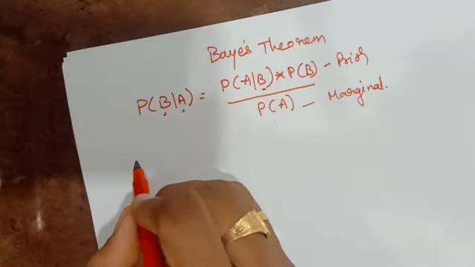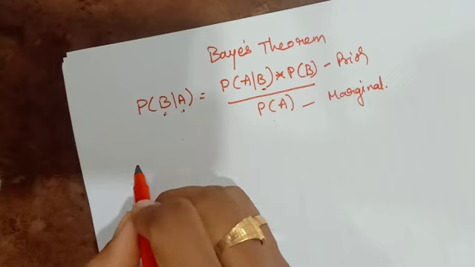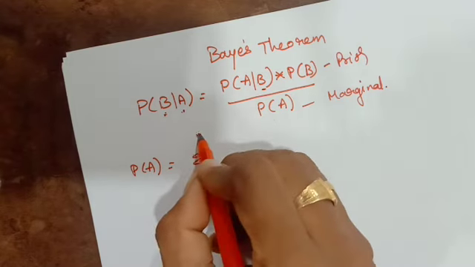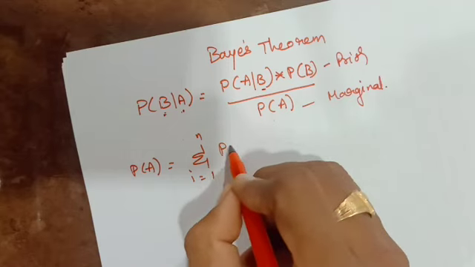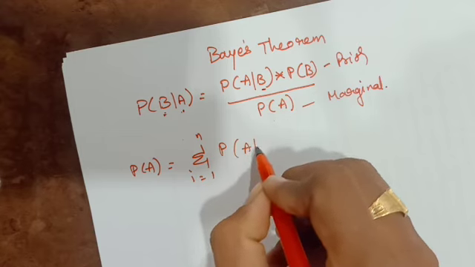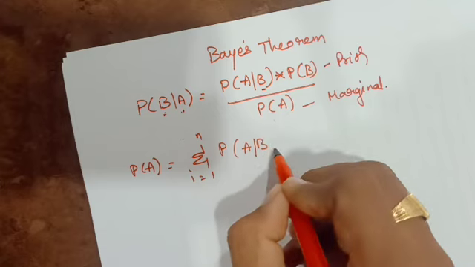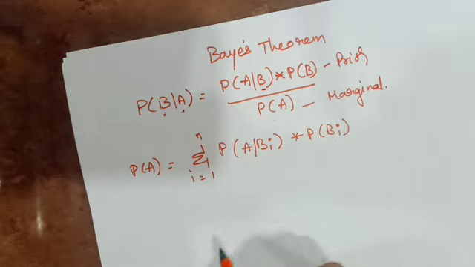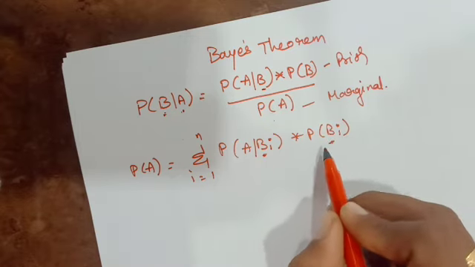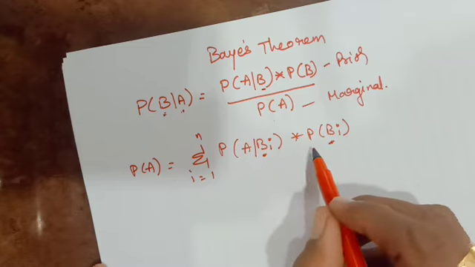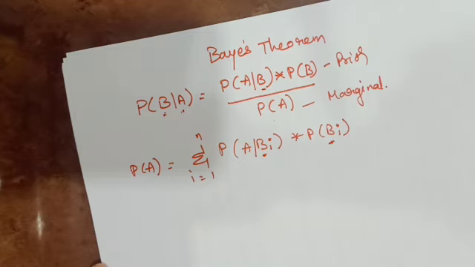The marginal probability can be written as the summation over i equals 1 to n of P(B|Ai) into P(Ai). Here A takes multiple mutually exclusive events, which may be A1, A2, A3, and so on.